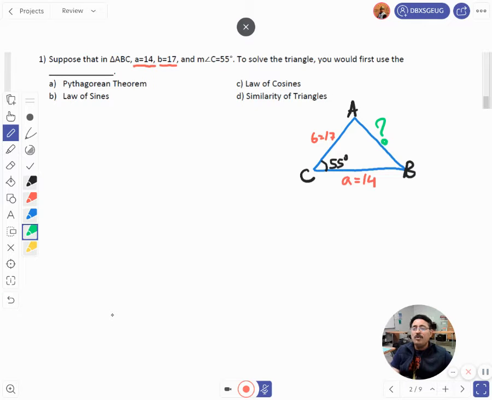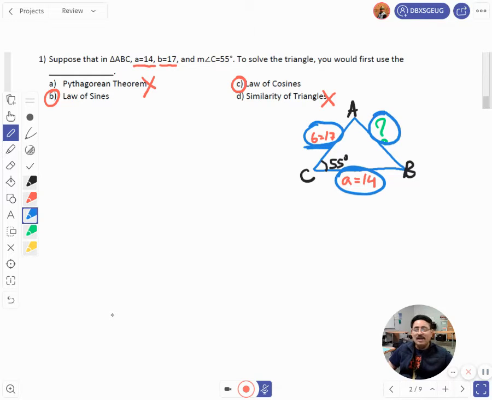What would you do first? For sure, it is not the Pythagoras theorem, because there is no right angle triangle in this case, and it is not similarity of triangles. Therefore, we are left with two more options: one is law of sines, the other is law of cosines. Please observe carefully: two sides are given and you are asked to find the third side.